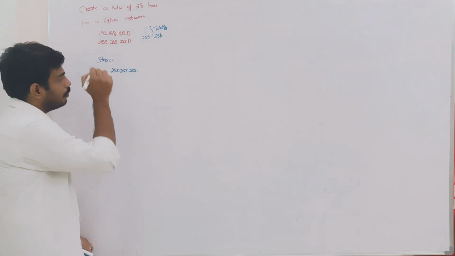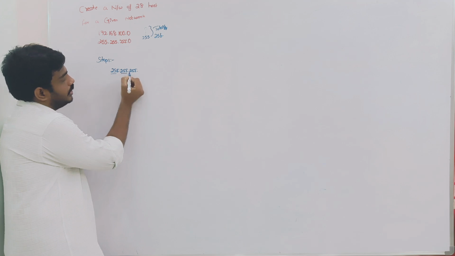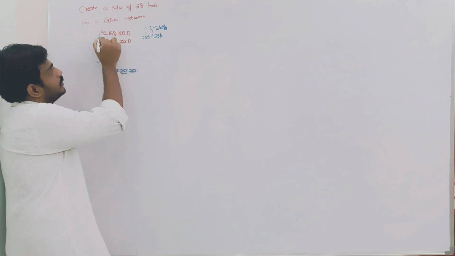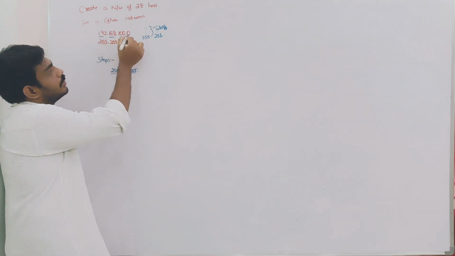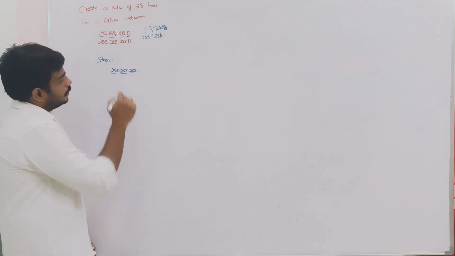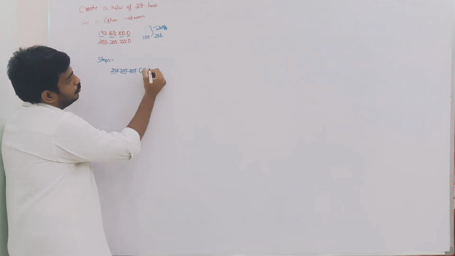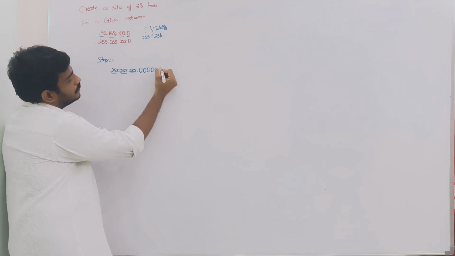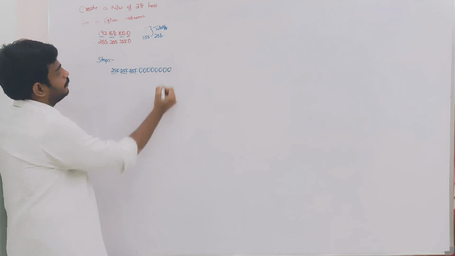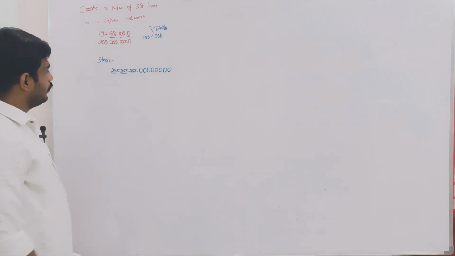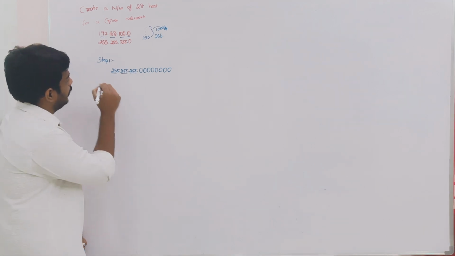We all know each octet in an IP address will always have 8 bits. Here also take 8 bits: 1, 2, 3, 4, 5, 6, 7, 8. What will be the next step?